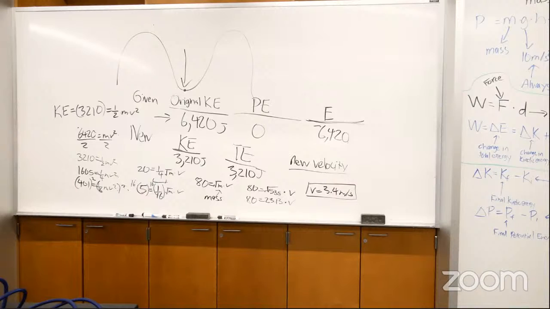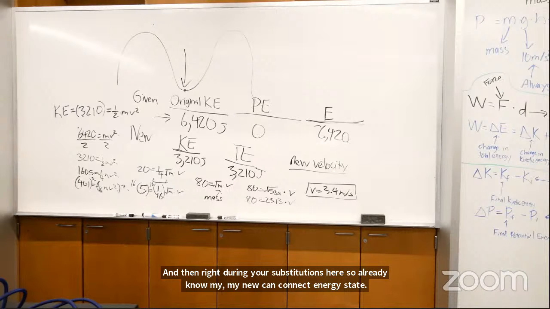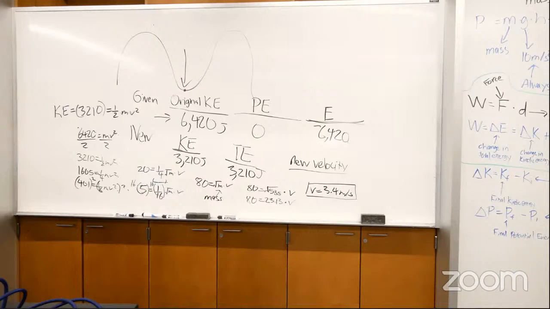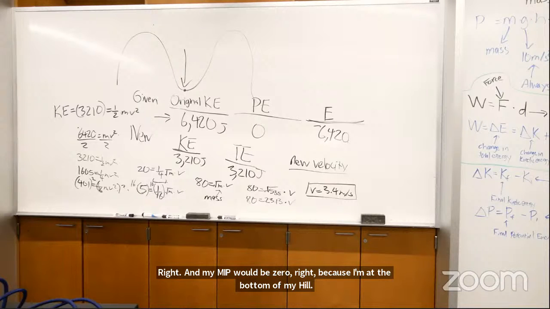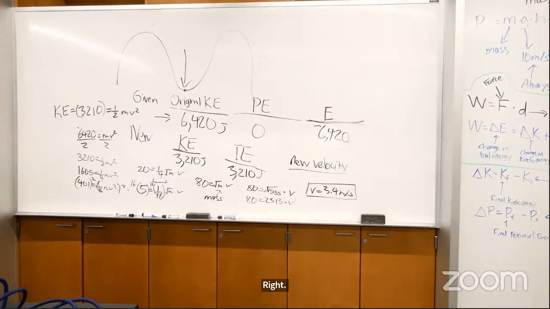And my PE would be 0, because I'm at the bottom of my hill, right?